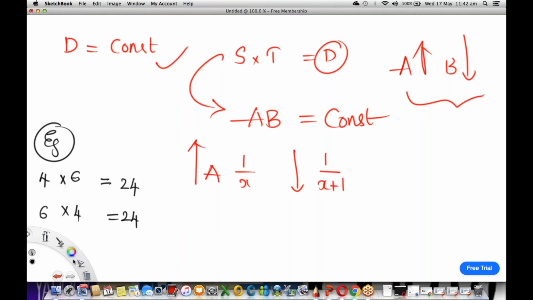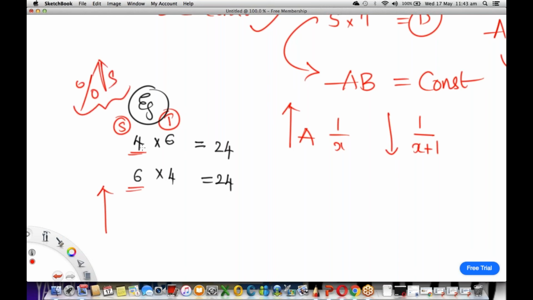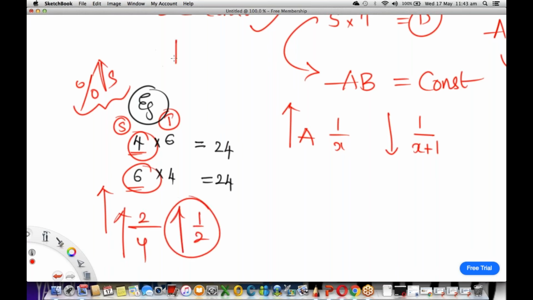Speed was initially 4 and now becomes 6, so it is increasing. On top of 4 there is an increment of 2, which is 1 by 2. So 1 by 2 is the increase in speed.